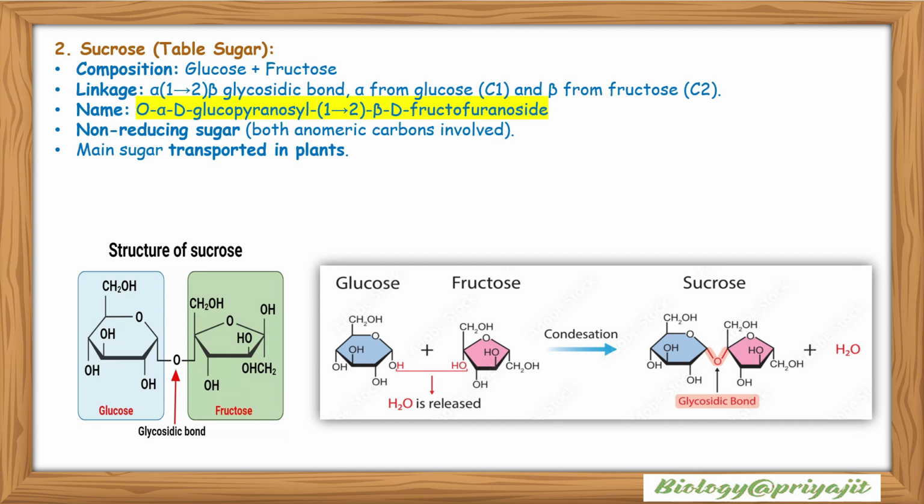Sucrose. The most abundant disaccharide is sucrose. We know it is the major form in which carbohydrates are transported in plants. Sucrose is familiar to us as common table sugar.